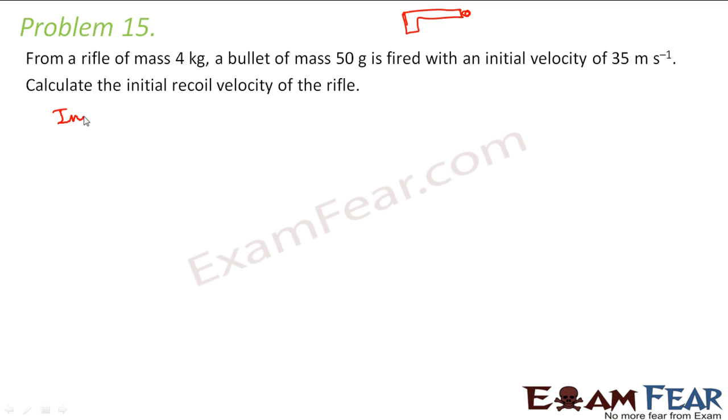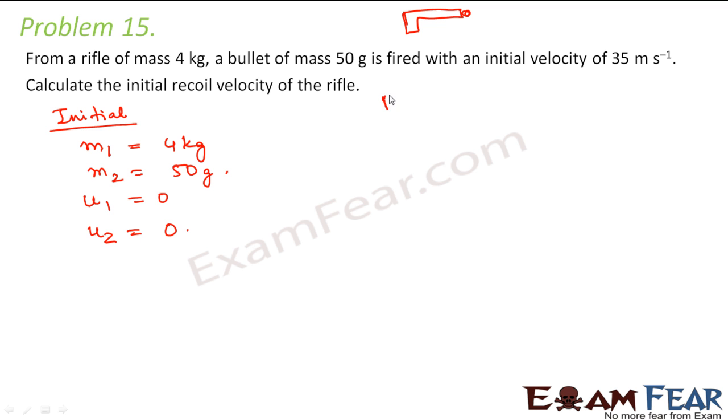So initially, mass of the rifle is 4 kgs, mass of the bullet is 50 grams. Velocity of the rifle is equal to 0. Velocity of the bullet is also equal to 0. Everything is at rest.